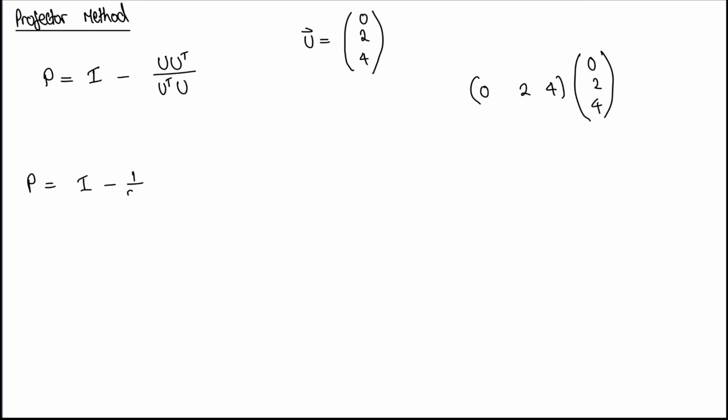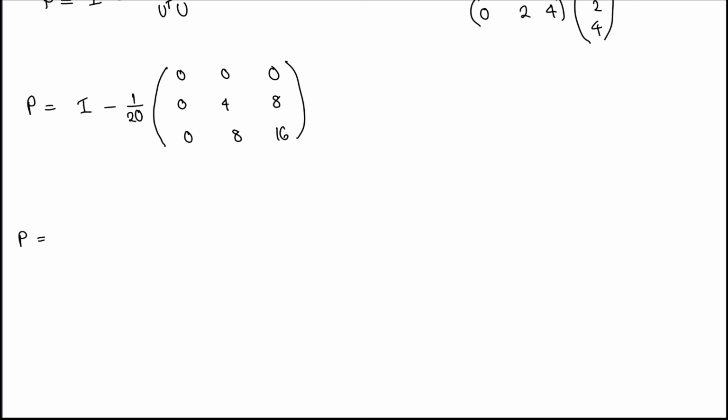So we get 1 over 20, and then doing 0, 2, 4 multiplied by 0, 2, 4, we get 0, 0, 0, 0, 4, 8, and then 0, 8, 16. So 0 times each of these, and then 2 times each of these, hence why 0, 4, 8, and then 4 times each of these. Cool. If we now do the identity matrix minus 1 over 20, this new matrix, we get 1, 0, 0, and the zeros over here stay the same.